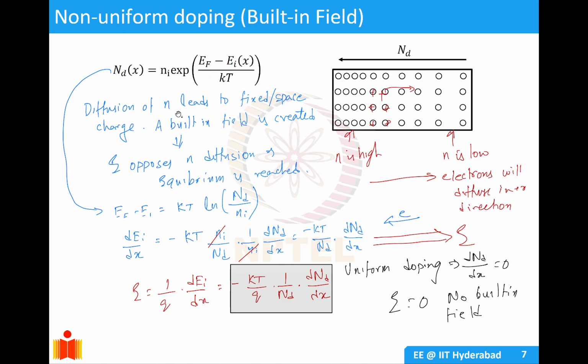The electrons will diffuse in this case, and this will lead to a change in fixed charge. So a built-in electric field will be created, which opposes the diffusion till equilibrium is reached.